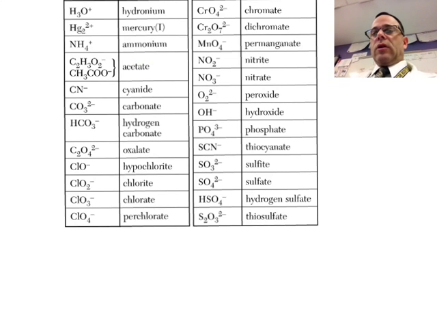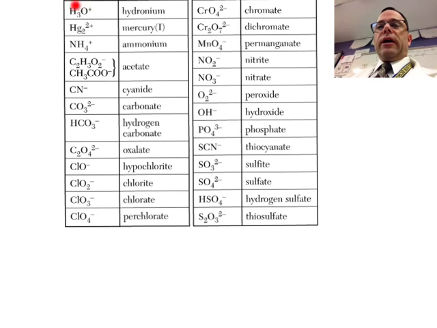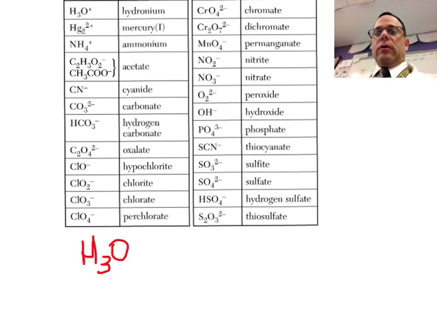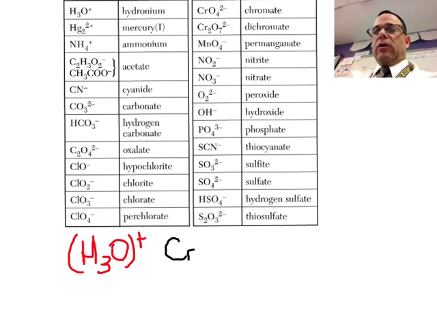Next slide, let's take a look at what happens when a positive polyatomic ion bonds with a -1. So once again, this is our list of polyatomic ions, and let's go ahead and grab hydronium and go straight across to chromate. What would that look like if those 2 were to bond? Hydronium is H3O plus, and the chromate is CrO4 2 minus.